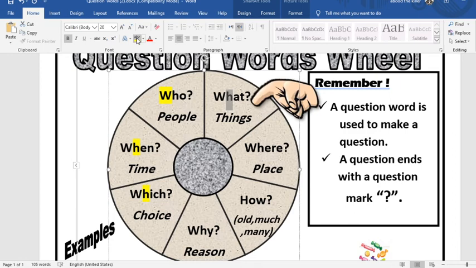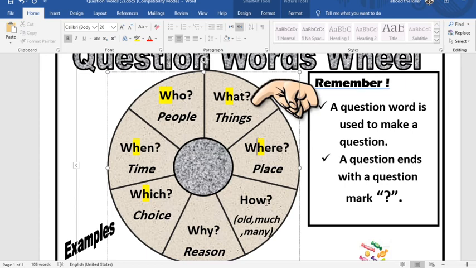Also with what, the silent letter is H. We use it to ask about things, or when the piece of information that we need to know is the action verb that is done in each sentence. I'll explain for you later by examples. Next, we need to know why we use where. With where, the silent letter is H, we use it to ask about place.